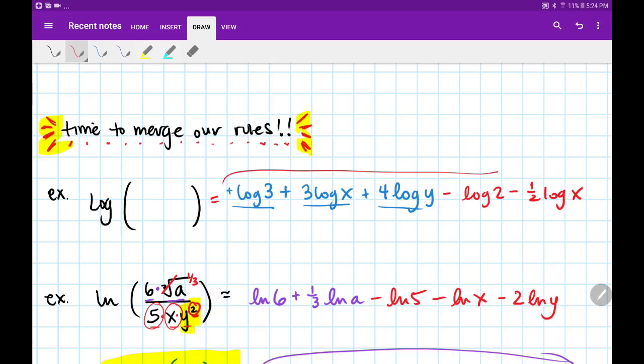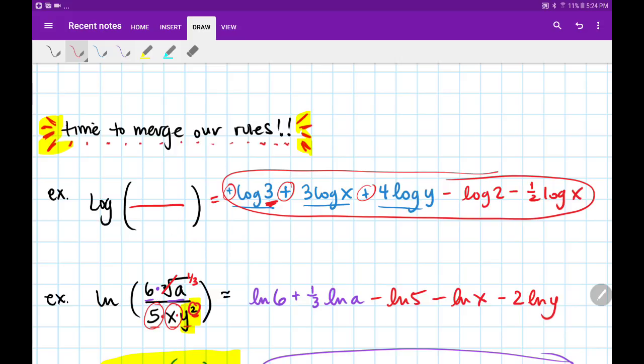I'm going to start now with this on the right, okay? So first of all, remember how all of these plus signs meant that the logs came from the numerator? So that means that in the numerator, I'm going to have a 3. So I'm going to draw one big line because I know I'm going to have some stuff in the top, some in the bottom. So this 3 goes in the top.